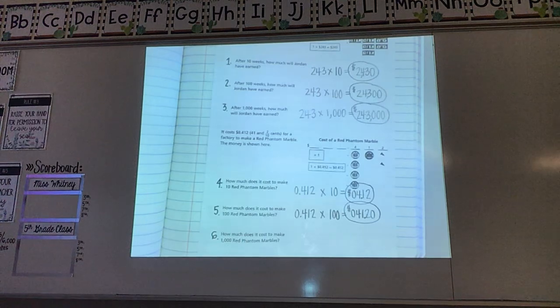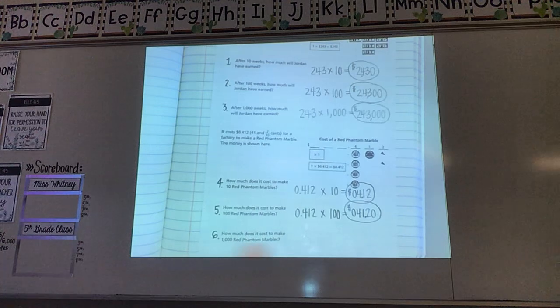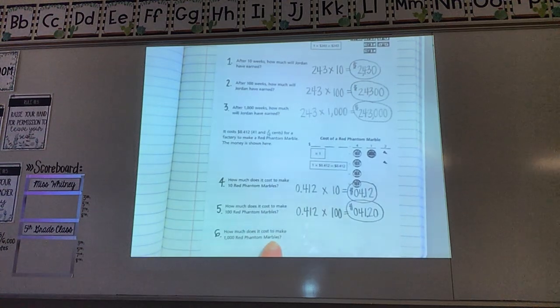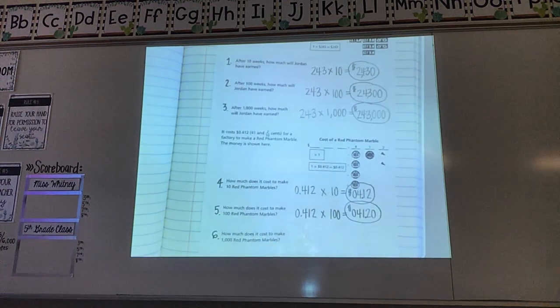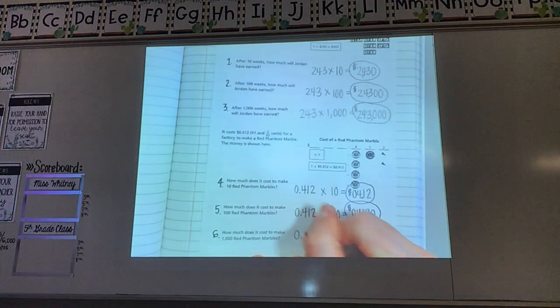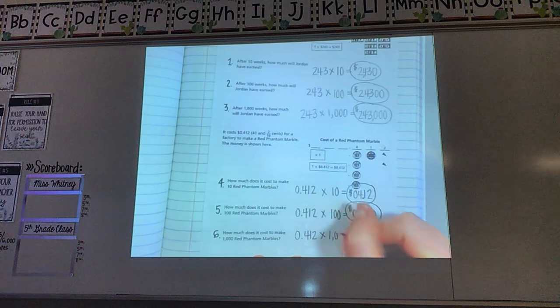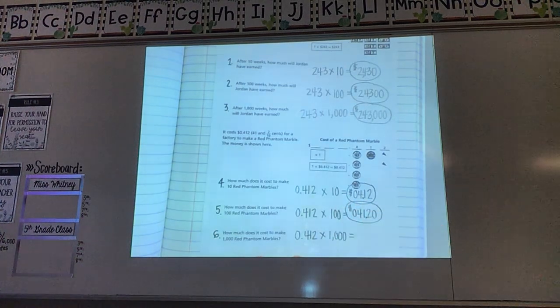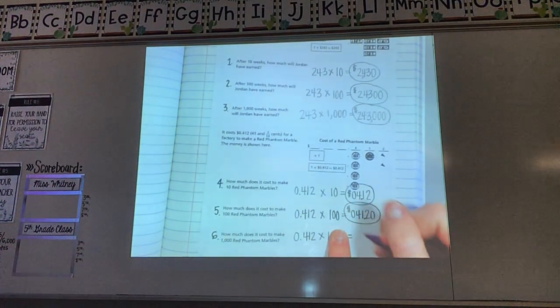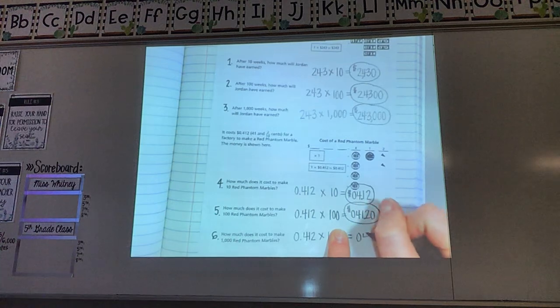Not bad. All right, let's look at one more like this. How much does it cost to make 1,000 red phantom marbles? So remember, 1 costs 0.412, and we want to know 1,000 of them, how much that would cost. Cover up those zeros. Remember, times 1, that's just going to keep us the same numbers.